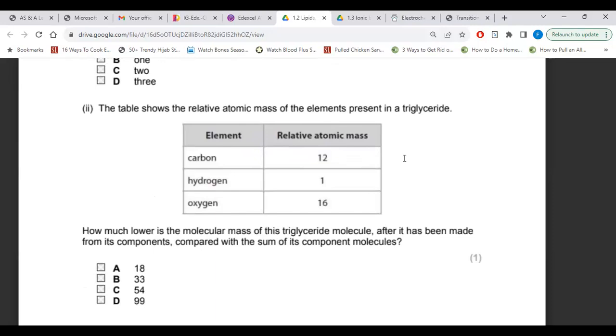If we take the molecular mass of the triglyceride and we take glycerol and carboxylic acid on their own, what is the difference in molecular mass? Our product is triglyceride, our reactants are alcohol and carboxylic acid. So if we take the molecular mass of the product and the molecular mass of the reactants, what's the difference in molecular mass?